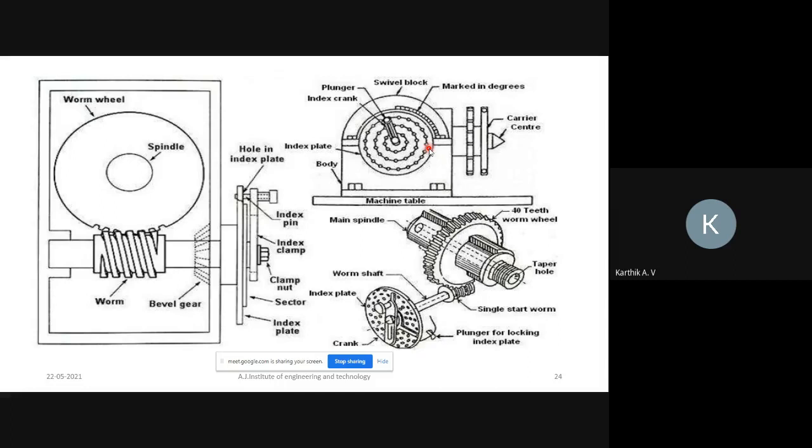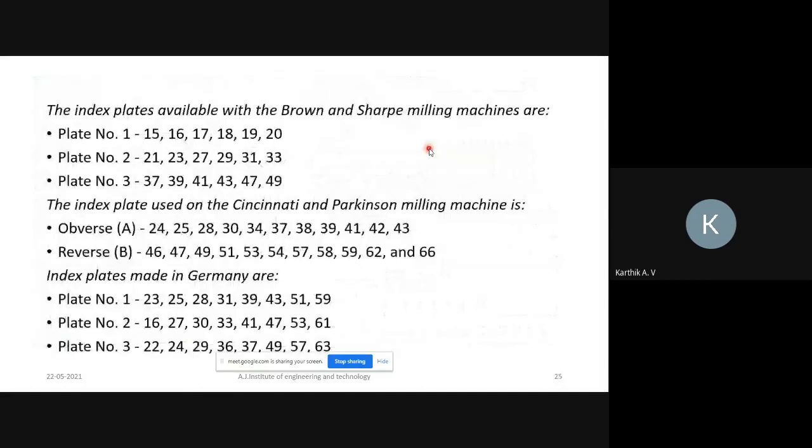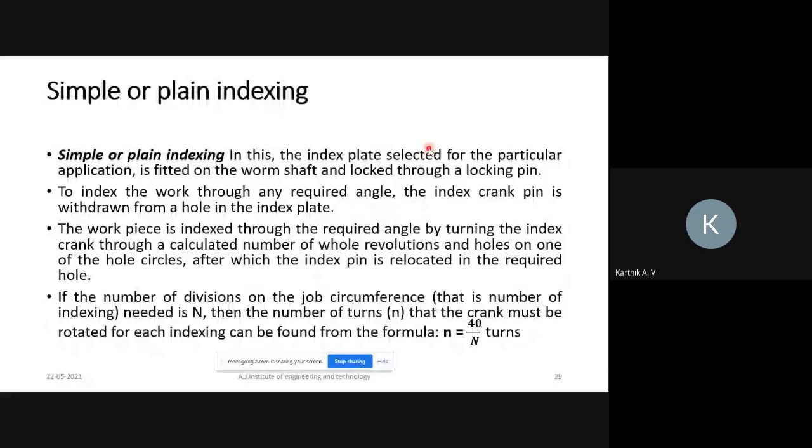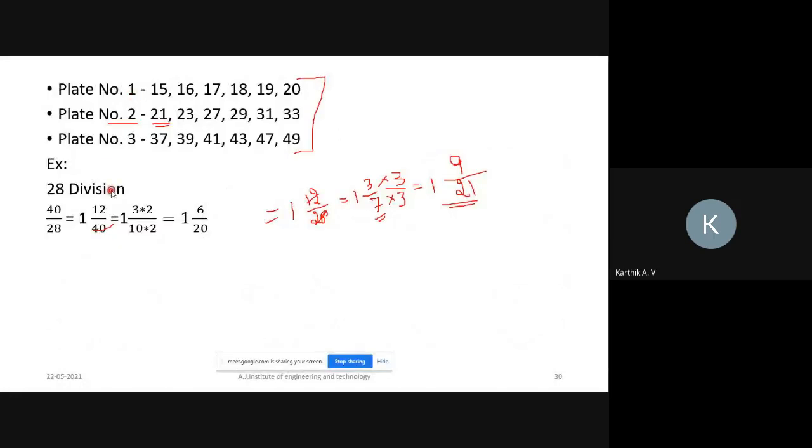Similarly, you should create the divisions. How many divisions should you make? 28 divisions. In this way you can calculate for the simple indexing mechanism. Understood? Yes, sir.